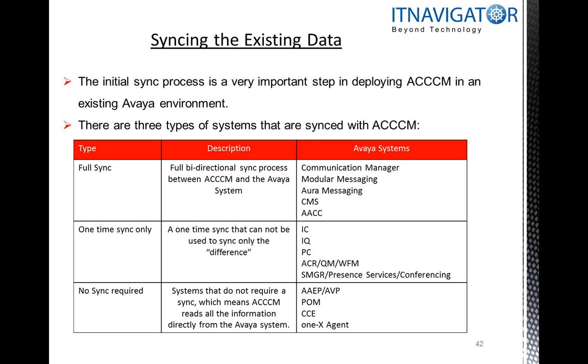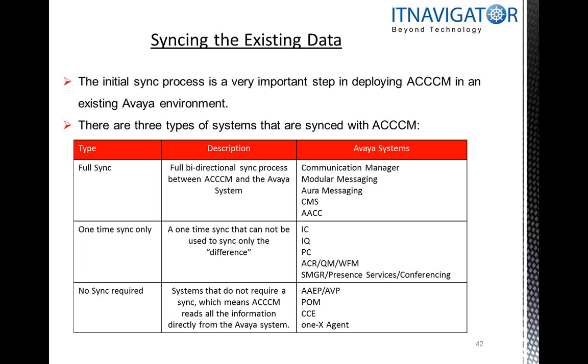Now, full bidirectional sync is included only in the 4 systems that appear over here: Communication Manager, Modular Messaging, Aura Messaging, CMS, and AACC. That means that you can go into these native interfaces and do your change there, whether it is an add, a delete, or an edit command, and these 3 elements are important because they are different commands.